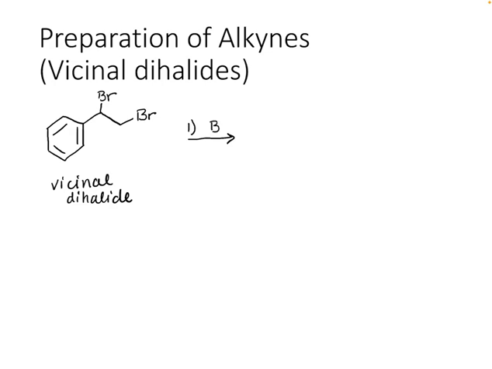So in step 1, we use our base, we get our alkene, and then we get our alkyne. And then in step 2, we still have to add a weak acid to reprotonate the alkynide ion. So very similar process, but the leaving groups are on separate carbons. All right, so let's draw our same product that we saw before.